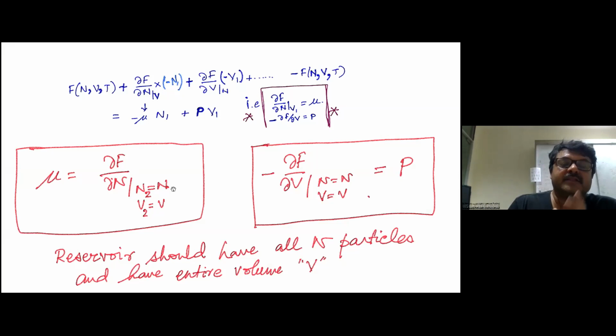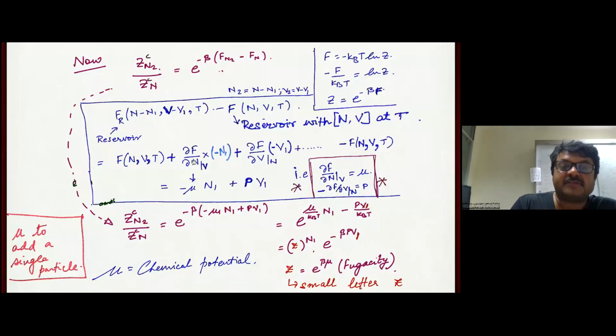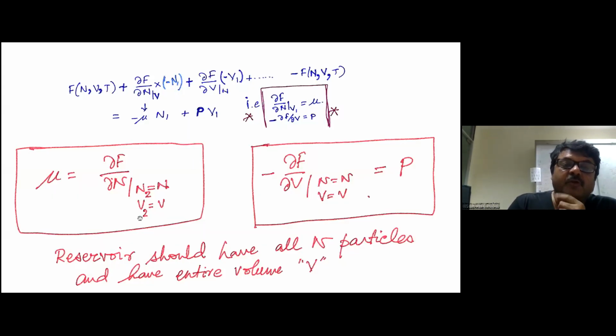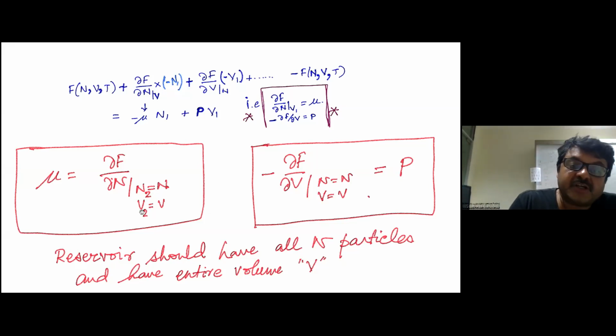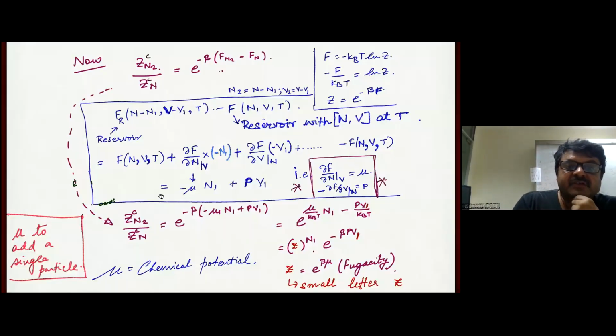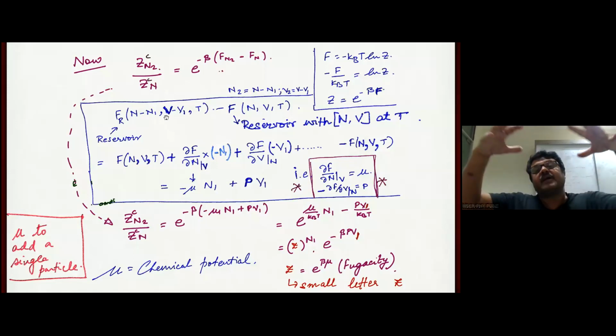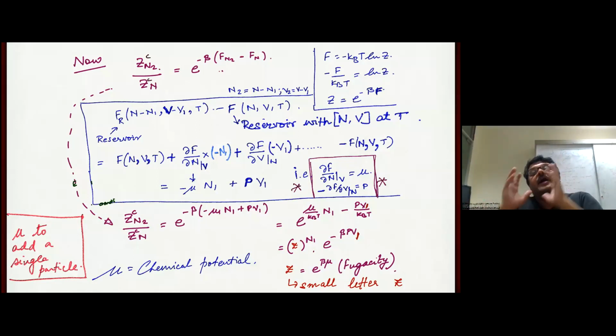So N2 equals n, the reservoir has n particles, because that's where you are doing the derivative in the Taylor expansion, and the volume V2 has to be V. So essentially the reservoir is taking the entire volume and has all the particles in the system. V2 is V, the total volume. You're basically saying that the reservoir has now taken over the entire system plus reservoir, and it has n particles.